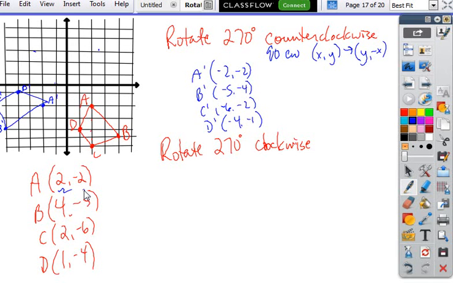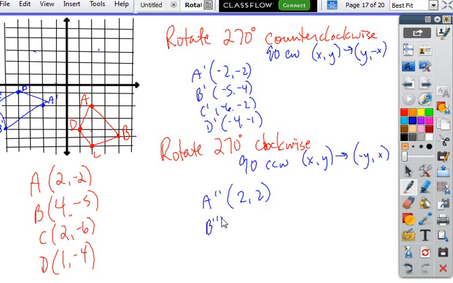All right, the rule for 270 clockwise is the same as 90 counterclockwise, which says what? Change the Y and swap. So my A double prime here is going to be 2, 2. B double prime is going to be 5, 4. C double prime is going to be 6, 2. And D double prime is going to be 4, 1.